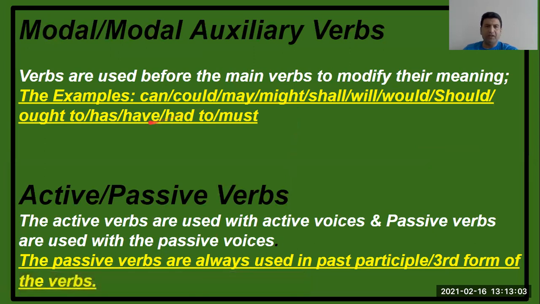Next, we have modal auxiliary verbs. These verbs are used before the main verbs to modify their actions or their meanings, right? In other words, we can say they define the modalities. These modal verbs are can, could, may, might, shall, will, would, should, ought to, has to, have to, had to, must.